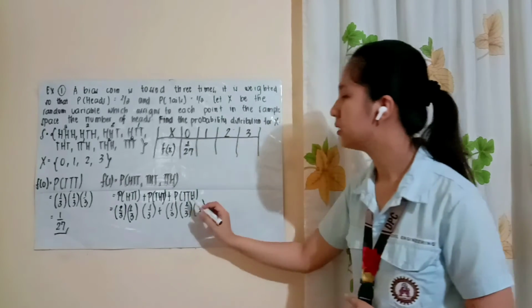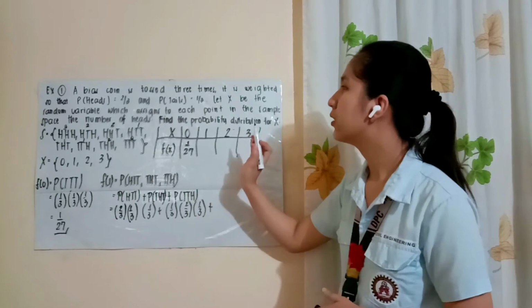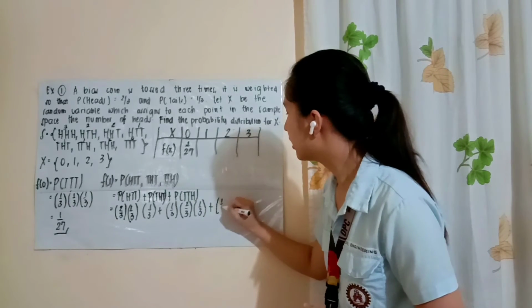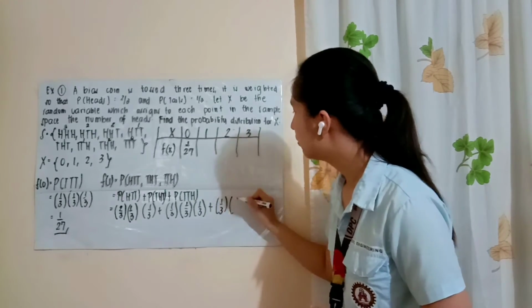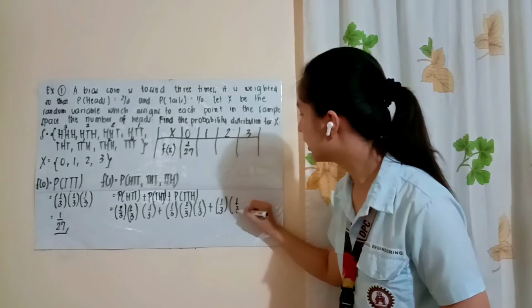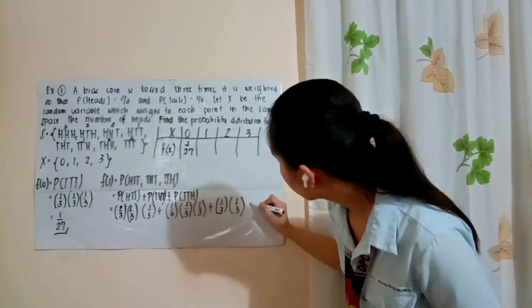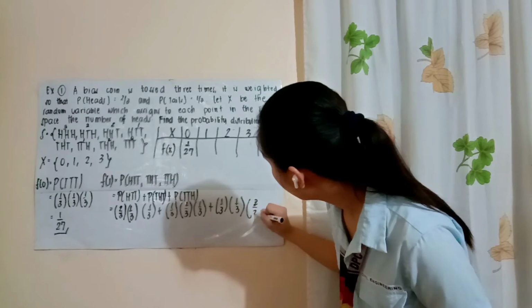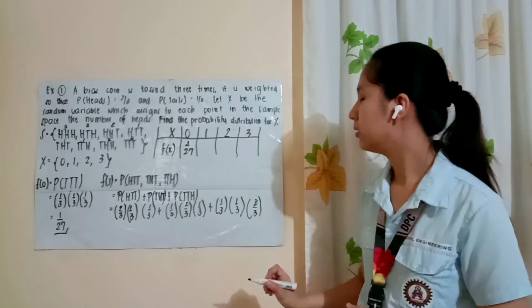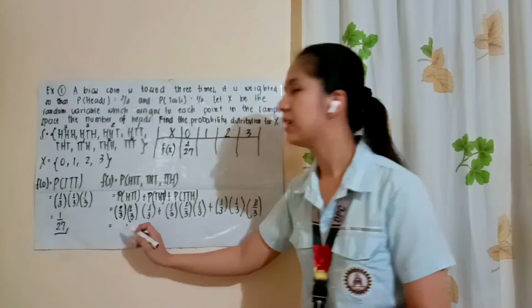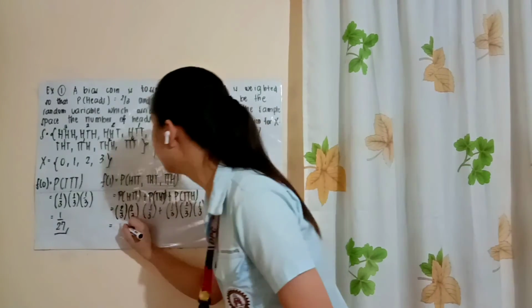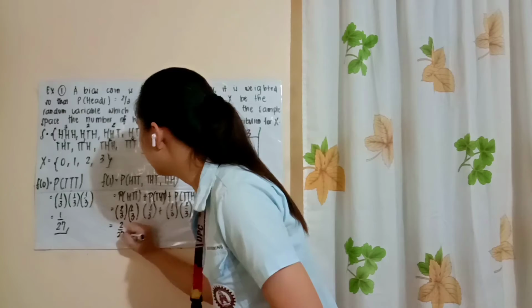Plus TTH: the probability of tail is 1/3, times tail 1/3, times the probability of head, 2/3. Now let's multiply them. 2/3 times 1/3 times 1/3 is 2/27.